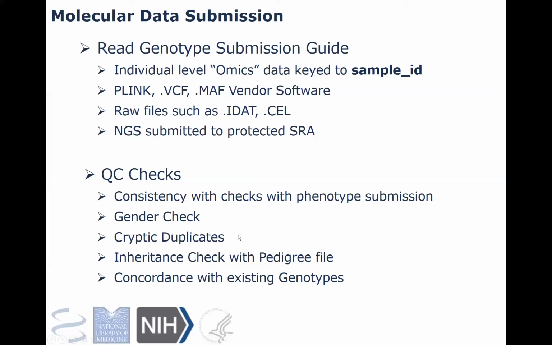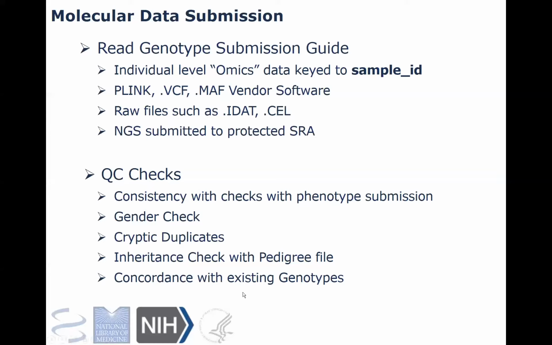So we look for that, and we notify the submitter when that happens. We do an inheritance check. We check back to the family members because we have the genomic data. We can compare and make sure that people who are listed as being related to each other look like they're also related to each other in their genetics.